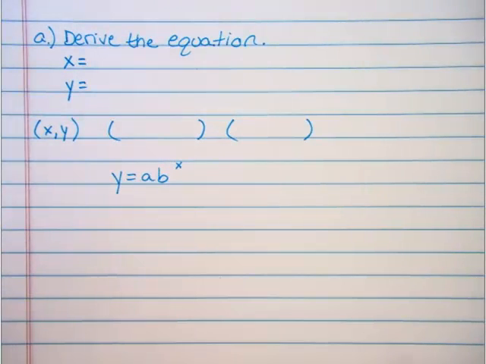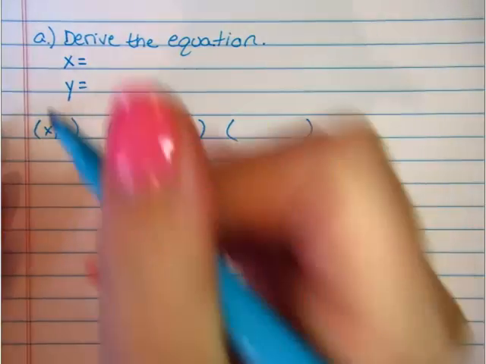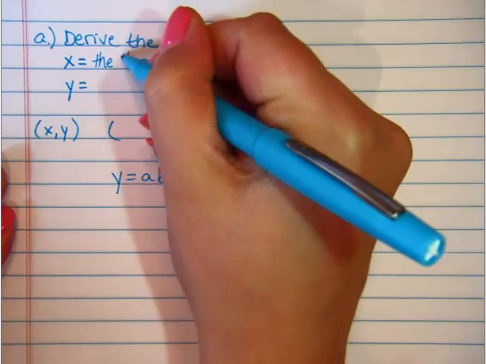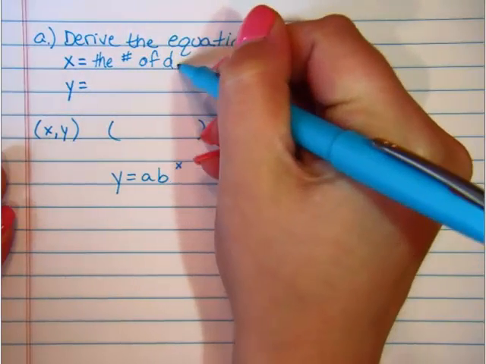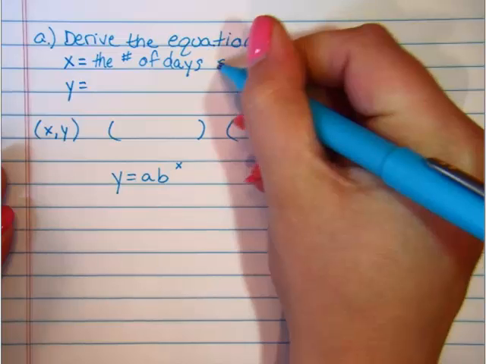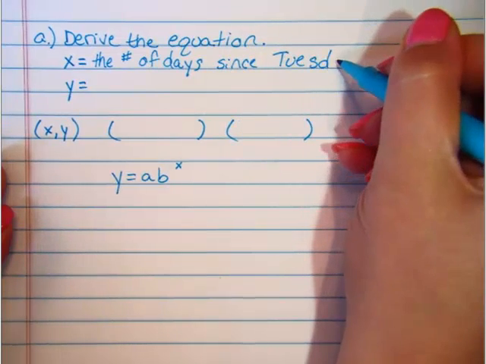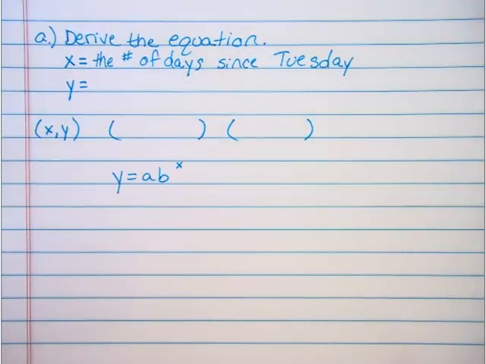So because we do this, when we define our x value, we're going to define x as the number of days since Tuesday. The reason we're naming it since Tuesday is that way that can be my initial zero value.